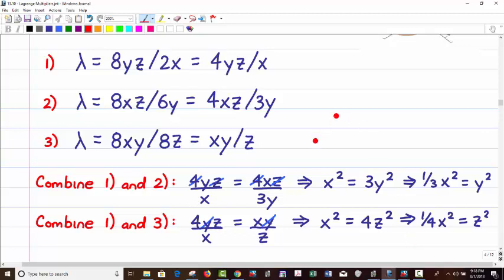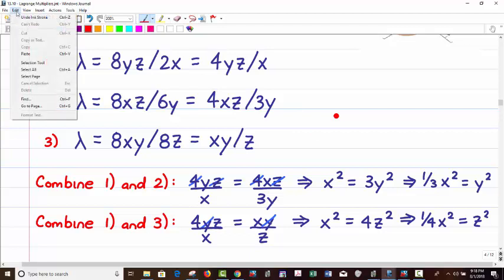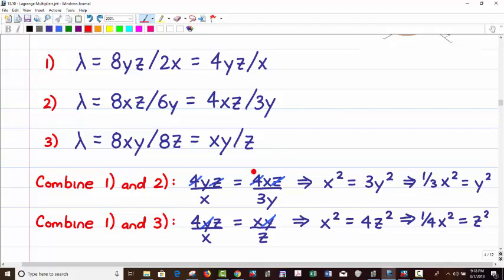So let's see what we have here. With 1 and 2, these two equal each other. Right off the bat, I didn't show it, but I divided off the 4 and the z, because I know they could divide away. Then I cross multiplied. I get x squared equals 3y squared. And then I'll do 1 and 3 and set those equal to each other.